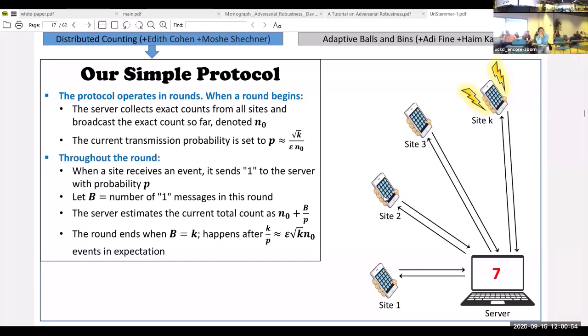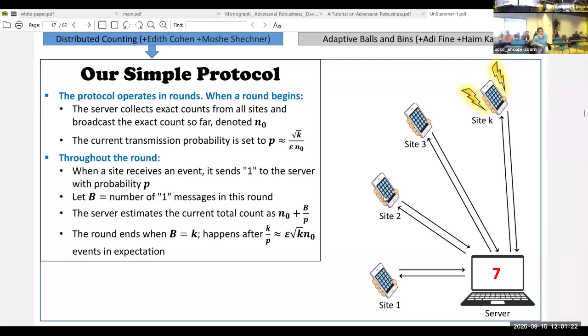Right? So let's denote by n0 the exact counter of all of the events that happened till now. From this n0, the server defines some parameter p, which I'll call the transmission probability. It's roughly root k over epsilon times n0, and the server broadcasts this parameter p to all of the sites. Okay, that's the initialization of the round.